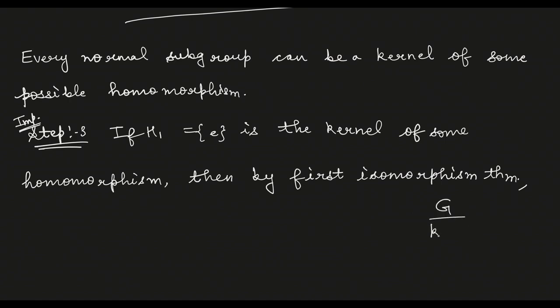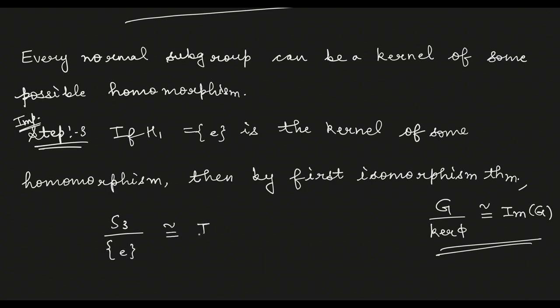G by kernel phi is isomorphic to image of G. So S3 by identity is isomorphic to image of S3.